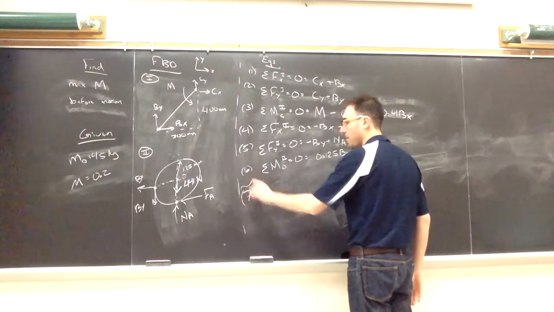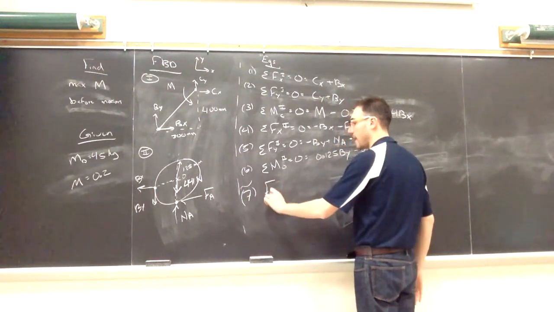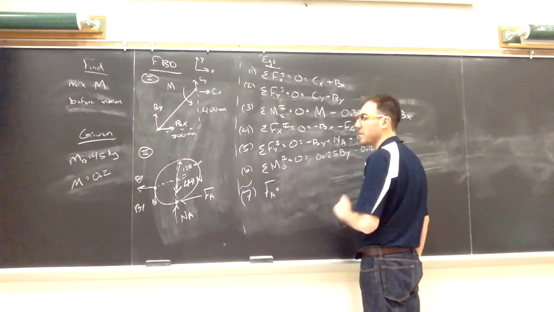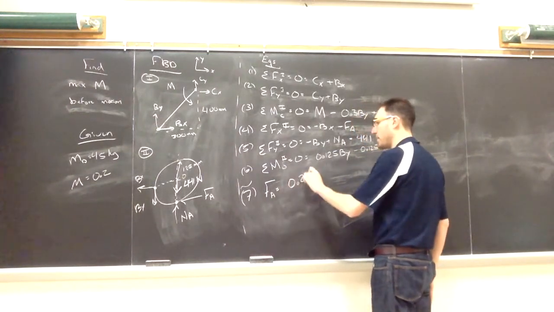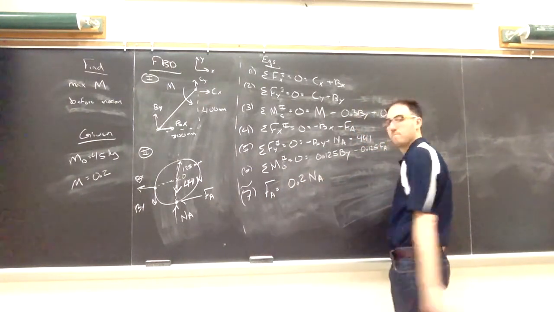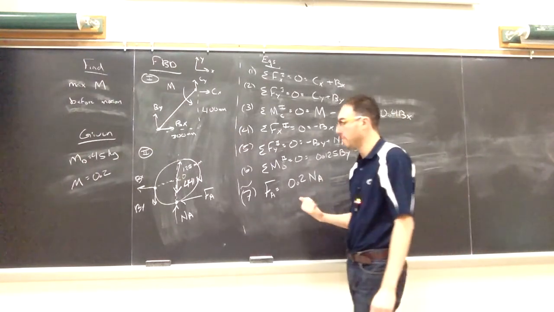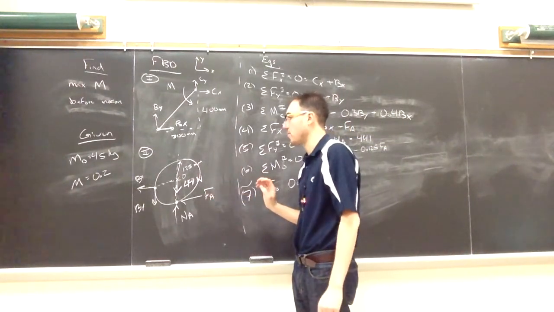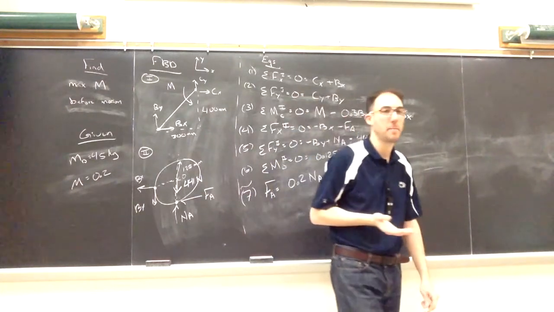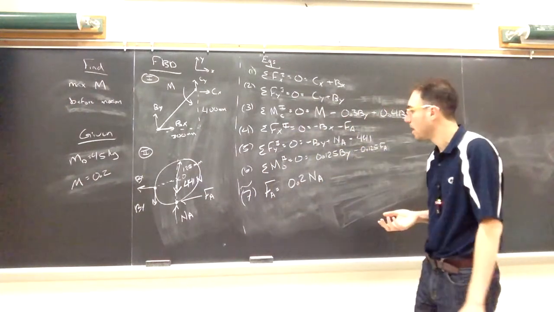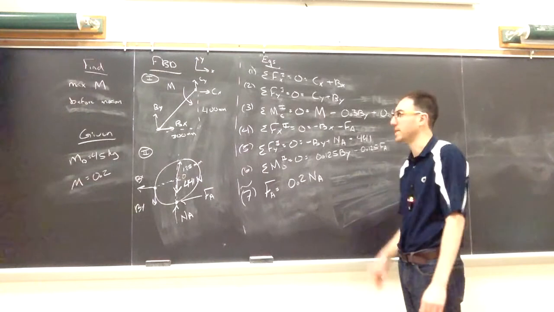So this, not coming from my equilibrium equations, I'm going to say Fa is maxed out. It's mu times N, so it's 0.2 times Na. We're still operating under the presumption that it wants to slide to the right. That could be disproven if we were to come out with a negative friction force, which we don't know yet because we don't have numbers at the moment.